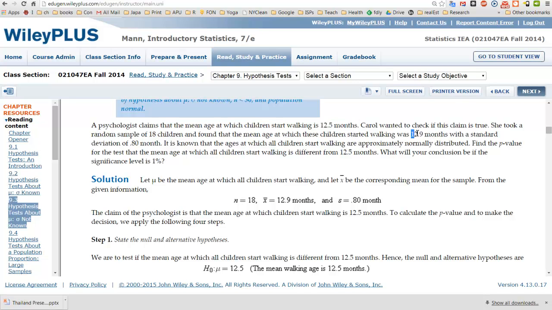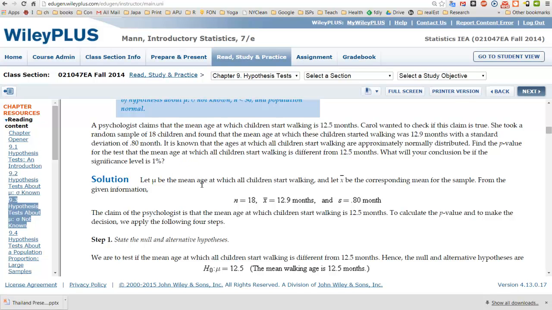The standard deviation turned out to be this. They said they're assuming that everything is normally distributed. Find the p-value for the test that the mean age at which all children start walking is different than 12.5 months. What will your conclusion be if the significance level is 1%?